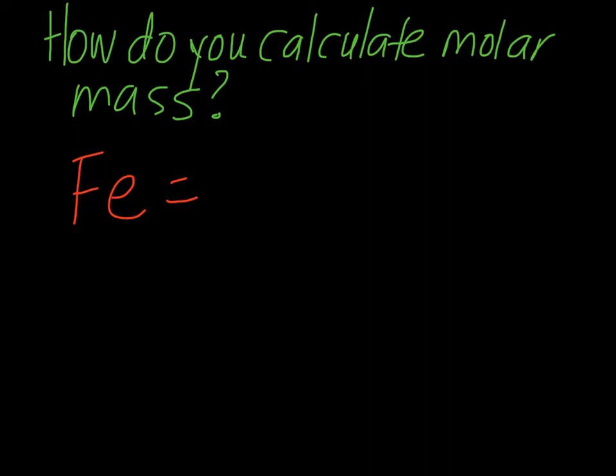So our first example is just Fe, which is iron. If it's a monoatomic element, all you need to do is look at the periodic table and look at the atomic mass of that element. Now we're going to be looking at the periodic table for all of our calculations, but this is the easiest one to do. So let's go ahead and look at that.